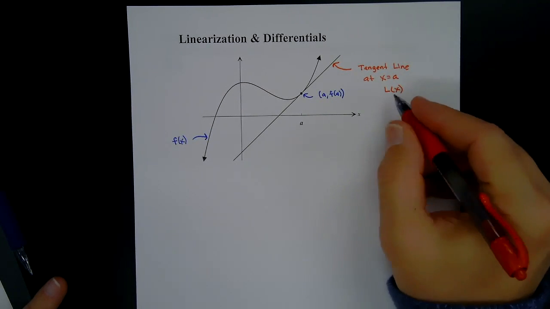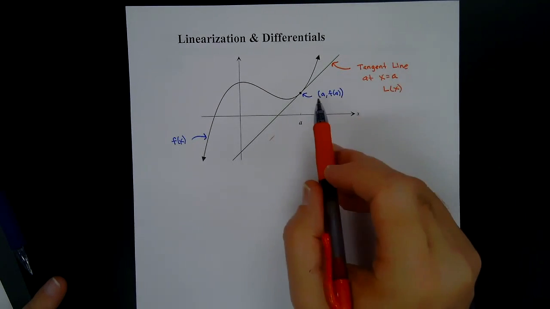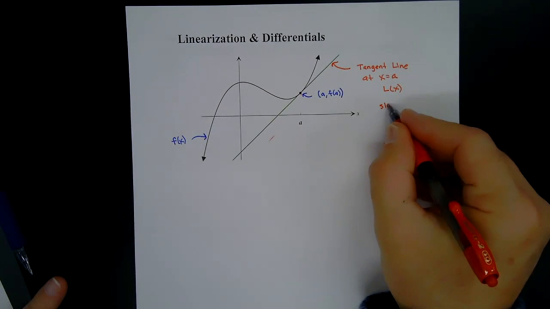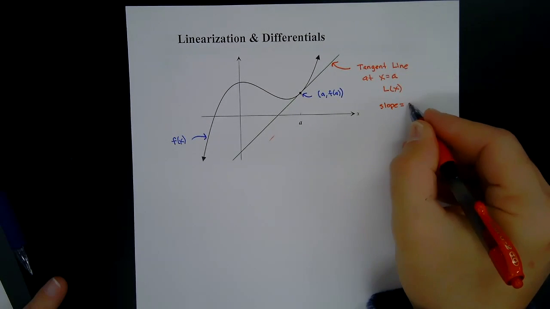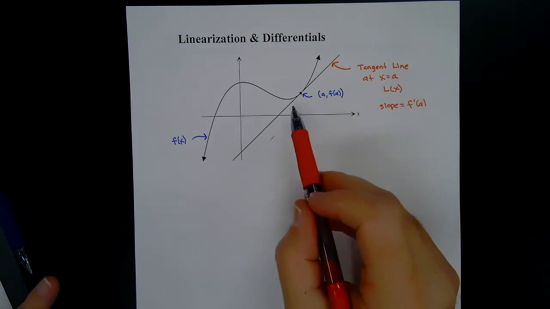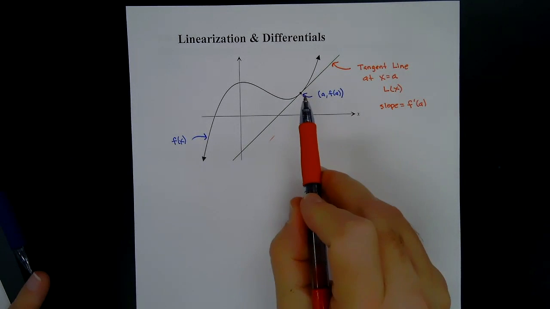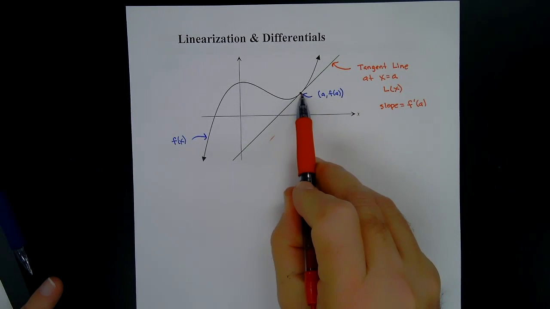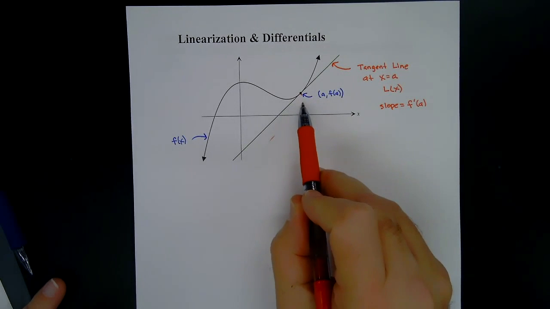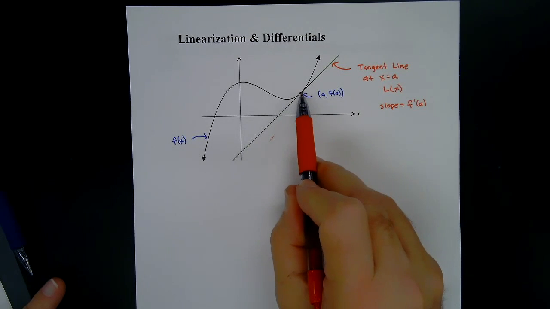We also know the slope of this line would be the derivative at a. So slope would equal f prime of a. So what I want you to understand is that at exactly this point of tangency, the function and the line are exactly the same, but only at this point.